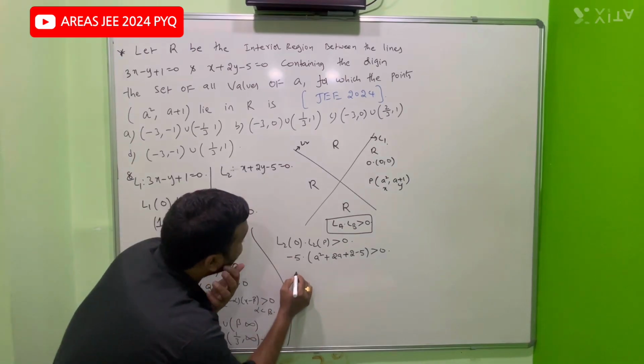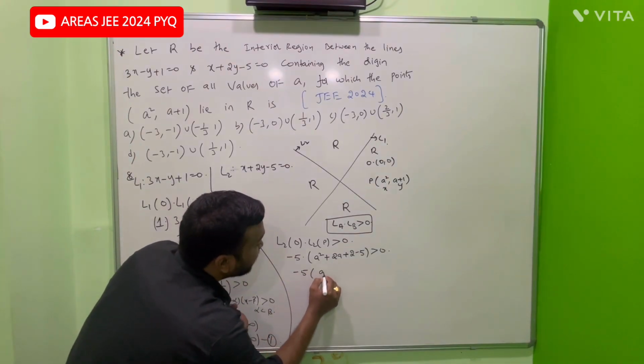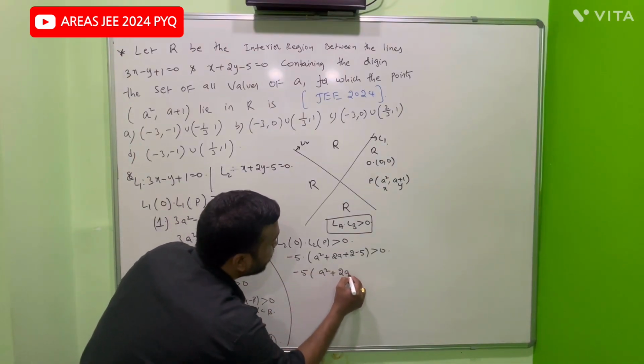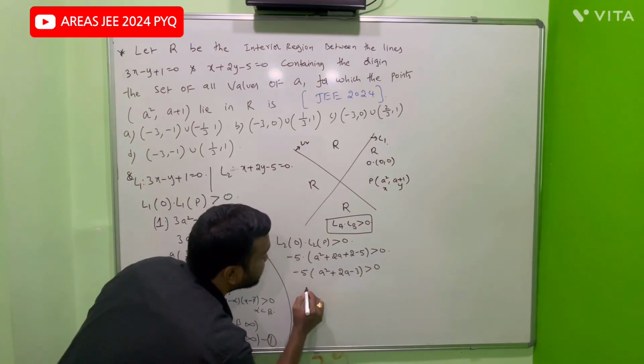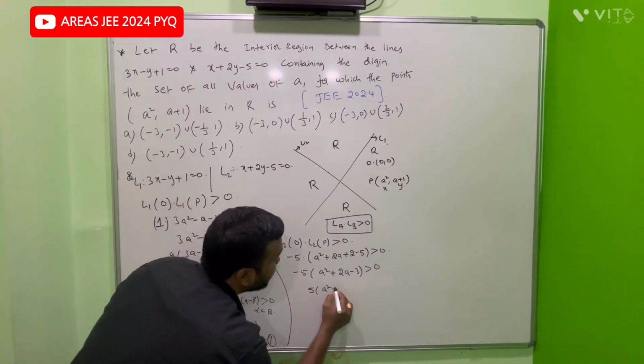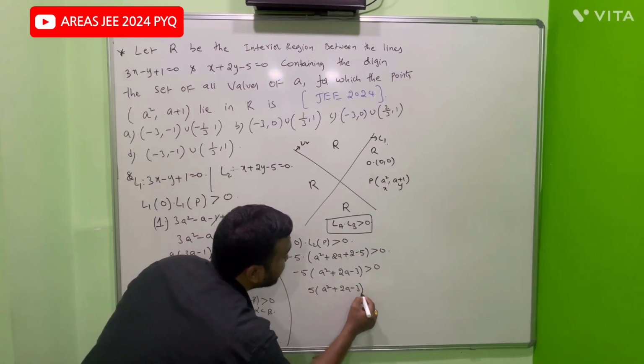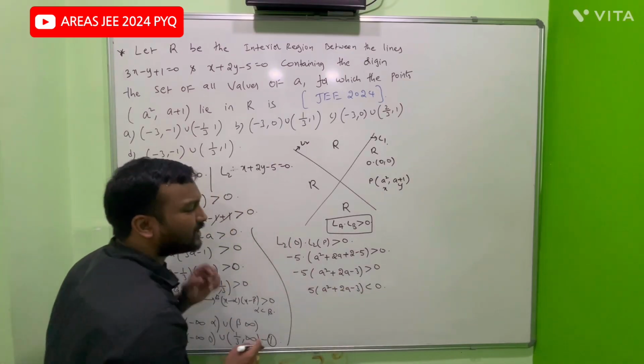So we can write here minus 5 into a square plus 2a minus 3 which is greater than 0. To remove the minus, the inequality changes. What happens here? 5 into a square plus 2a minus 3 which is less than 0. So 5 into that side, that is 0.